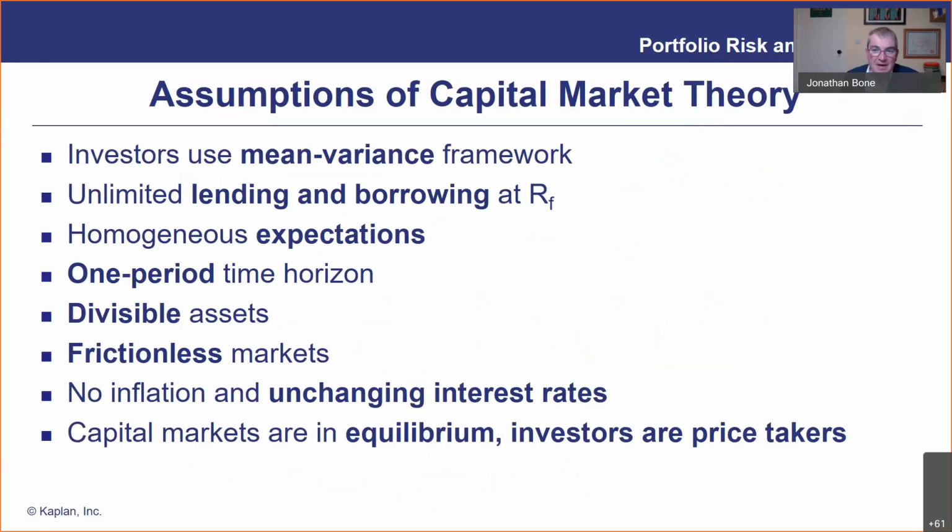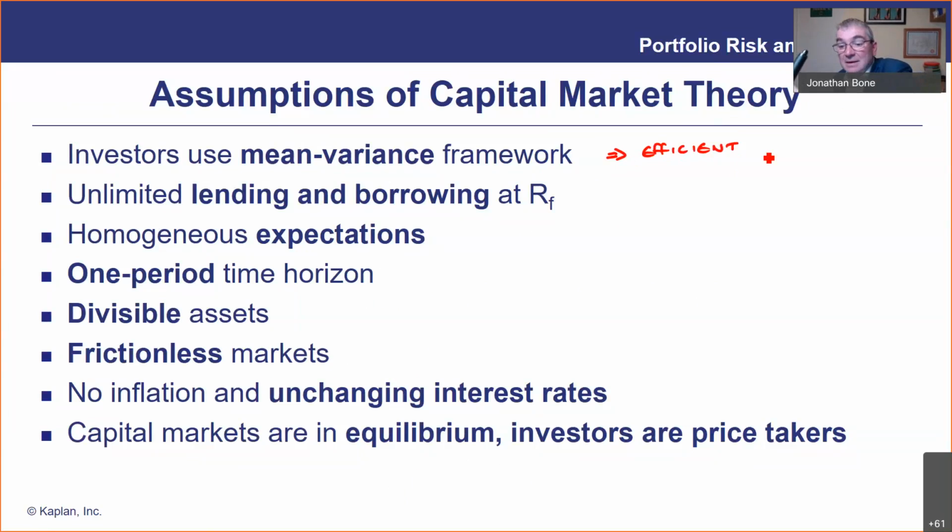Right, assumptions of our capital market theory. Investors use the mean-variance framework. In other words, they only operate on the efficient frontier. They are Markowitz mean-variance efficient. What does mean-variance mean? They aim to maximize mean return for a given level of risk.